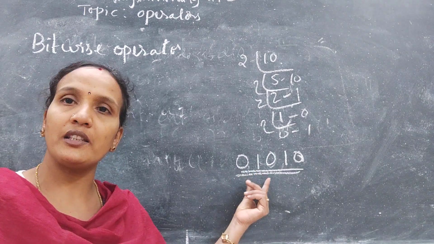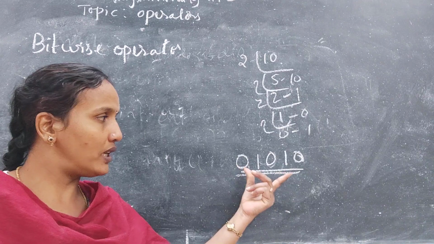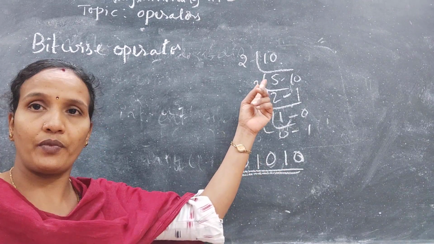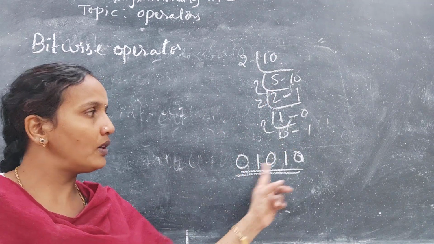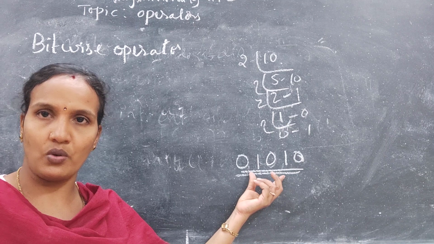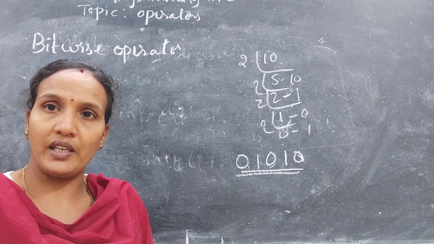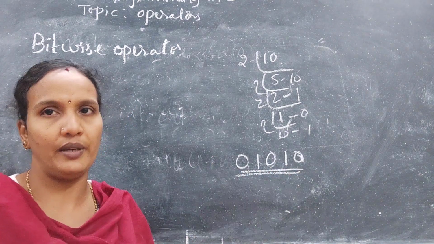Binary is nothing but a collection of bits, zeros and ones. So whenever you enter 10 from the keyboard, this binary format is stored in the system. So binary language is a collection of bits, and each digit is called 1 bit.